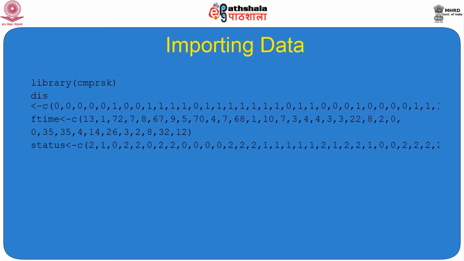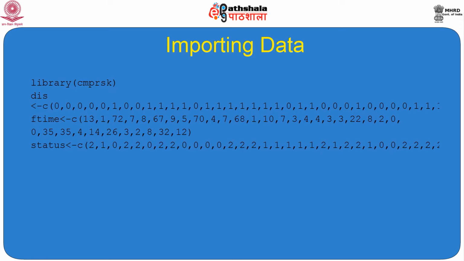DIS stands for disease type. Later we will define the different types of disease, but here we have two kinds of disease: one is defined as 0-coded disease, and another is 1-coded disease.